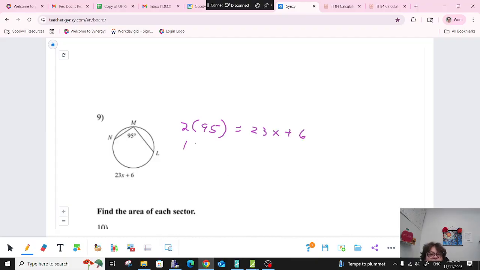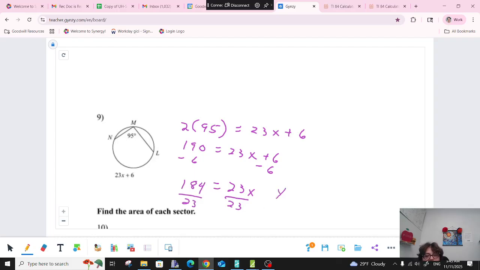So this would be what, 190? Equals 23x plus 6. Subtract 6. 23x is equal to 184. Divide by 23. x is equal to, what is it? 8. Thank you very much. And it was just to solve for x was the directions, correct?